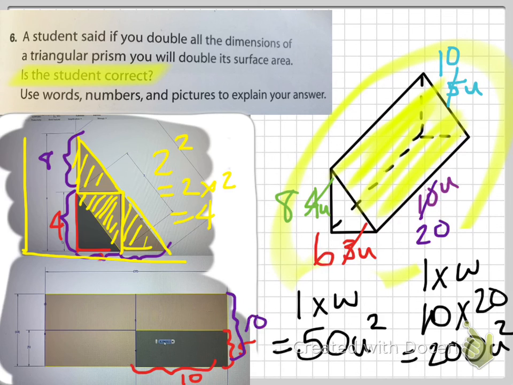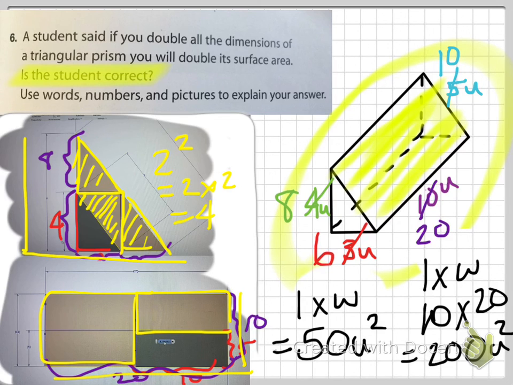So here's my 10, and this is now 20. And you can see again, it is not simply a doubling. We have more than a doubling. We had 2 axes that we doubled. So it wasn't that we doubled it once, we doubled it and doubled it again. So you can see again, this would be doubling, and then we doubled it again.